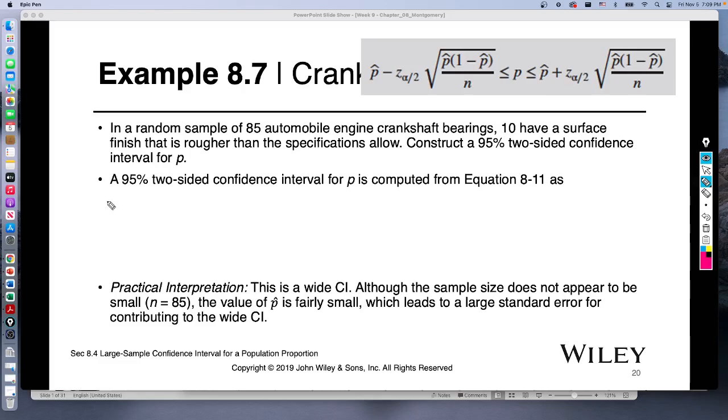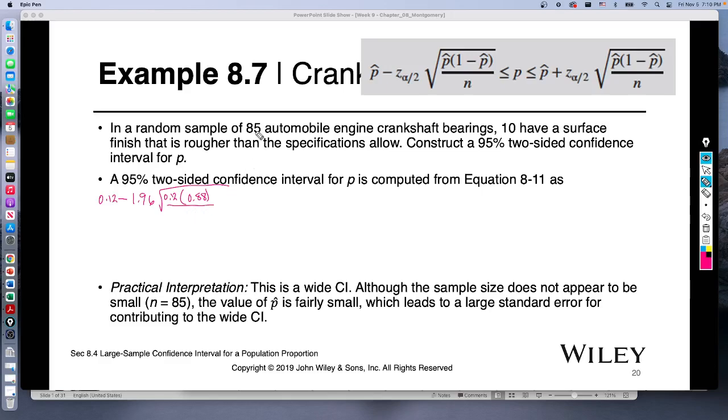What did we have? We had 12% minus 1.96 times the square root of 0.12 times 1 minus 0.12, which is 0.88, right? That's what you get when you have a binomial.